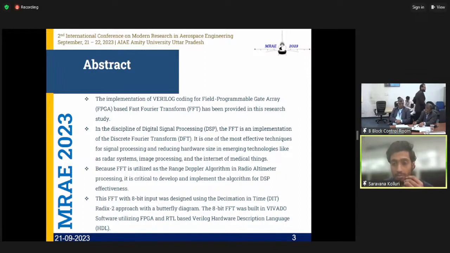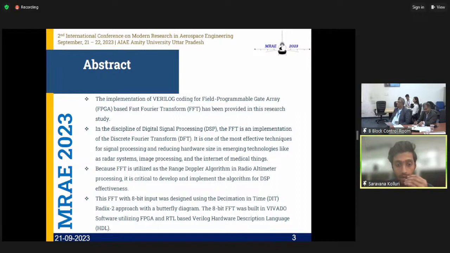Coming to the abstract, basically I implemented a Verilog RTL for the fast Fourier transform for a field programmable gate array, which is FPGA, used in digital signal processing for the radio altimeter. I am using a radio altimeter which needs to work for the range and Doppler resolution algorithm.